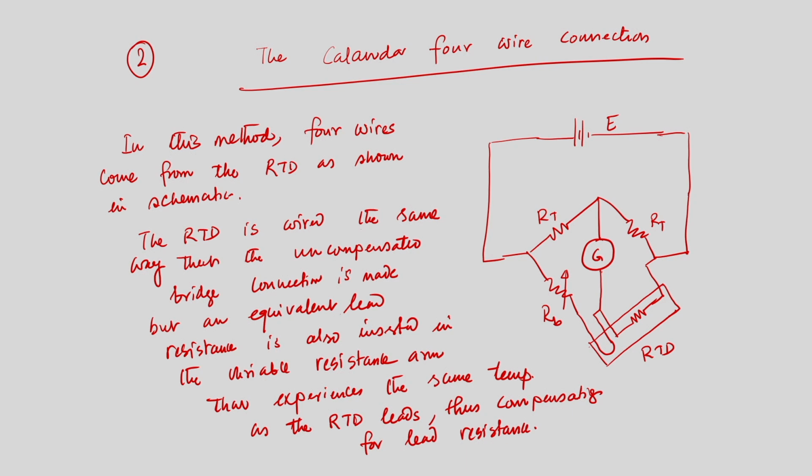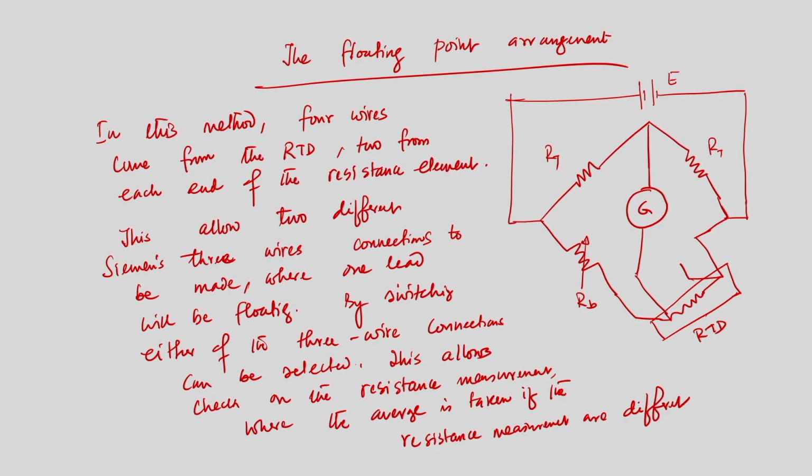And then we have also discussed the 4 wire scheme, and we have seen how using this scheme we can ignore the error due to the lead resistance. And finally, we have discussed the floating point arrangement. Also we have discussed how we can check on the resistance measurement, where the RTD resistance due to the leads can be compensated.